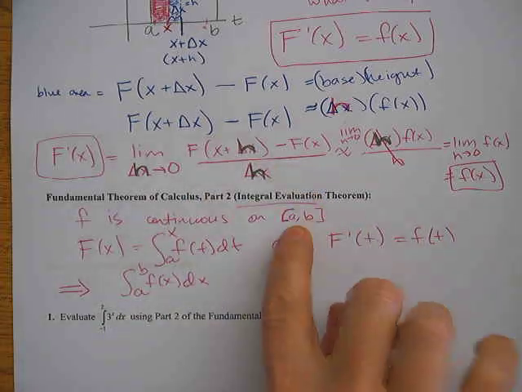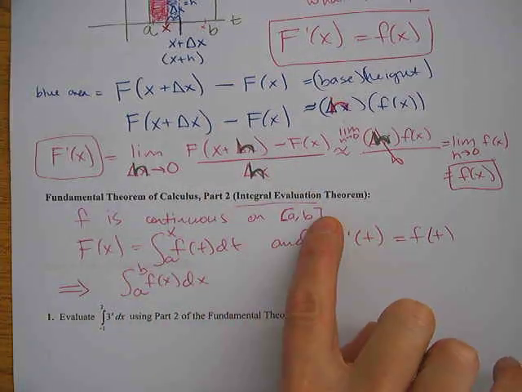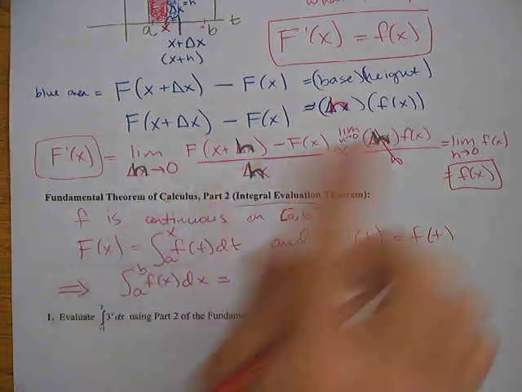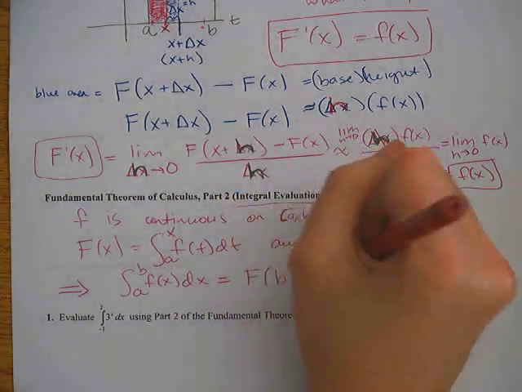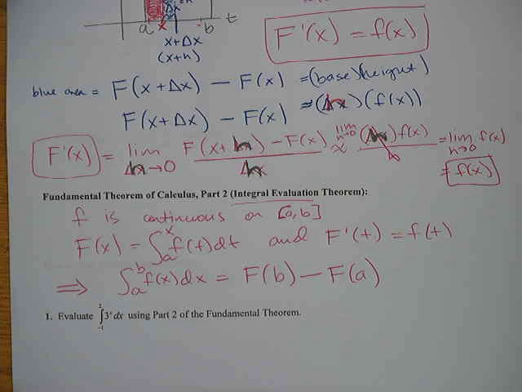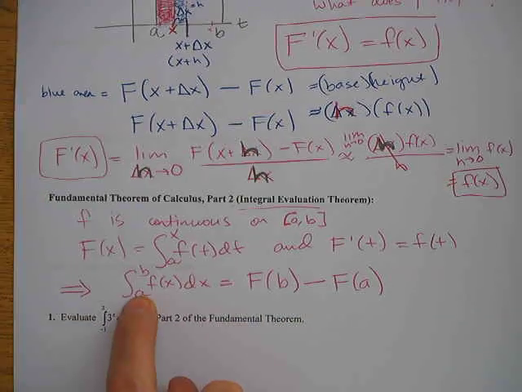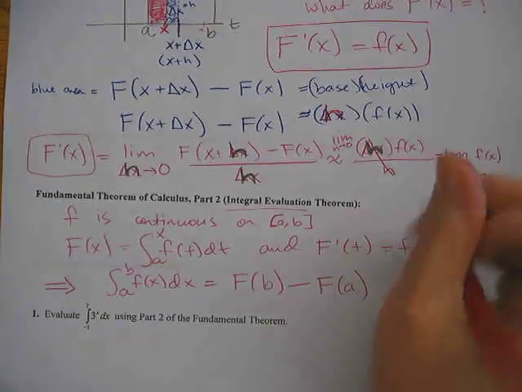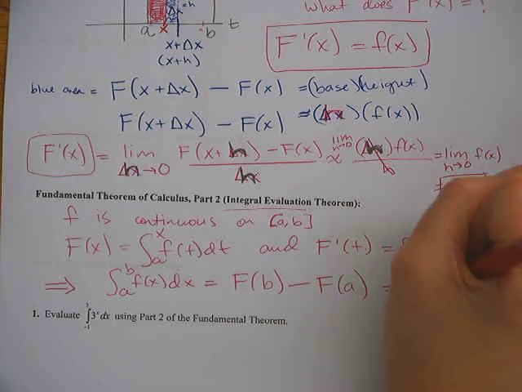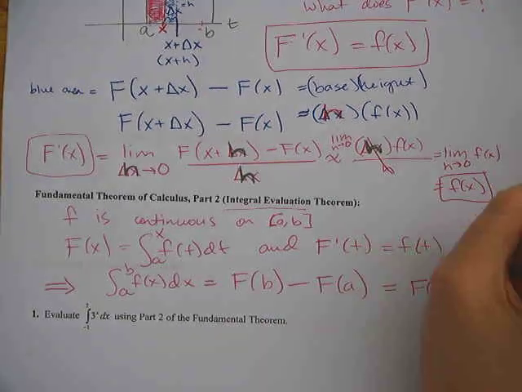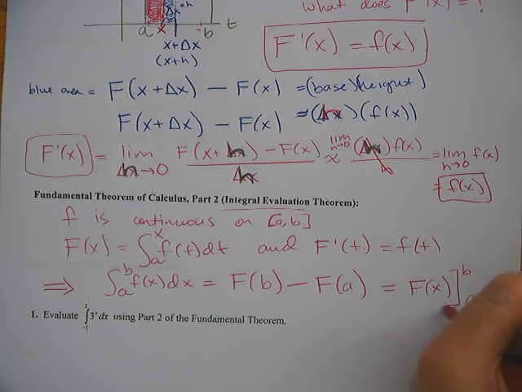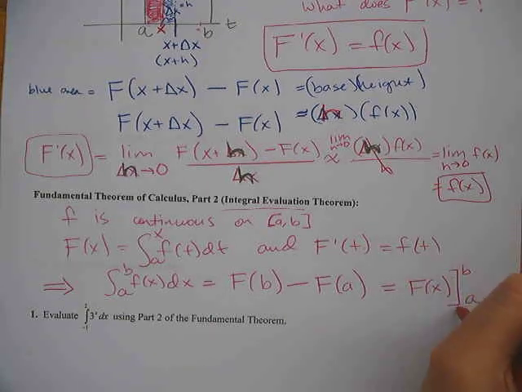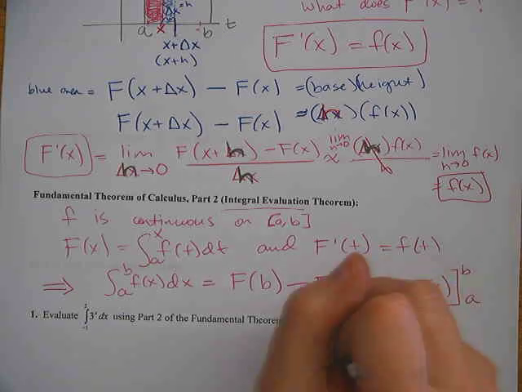So knowing all of this, we could basically say that if you want to find the area under a curve between A and B, because it's continuous for that whole time, you simply need to find the antiderivative, evaluate that at B, find the antiderivative, evaluate that at A, and that would be the area under the curve between A and B.